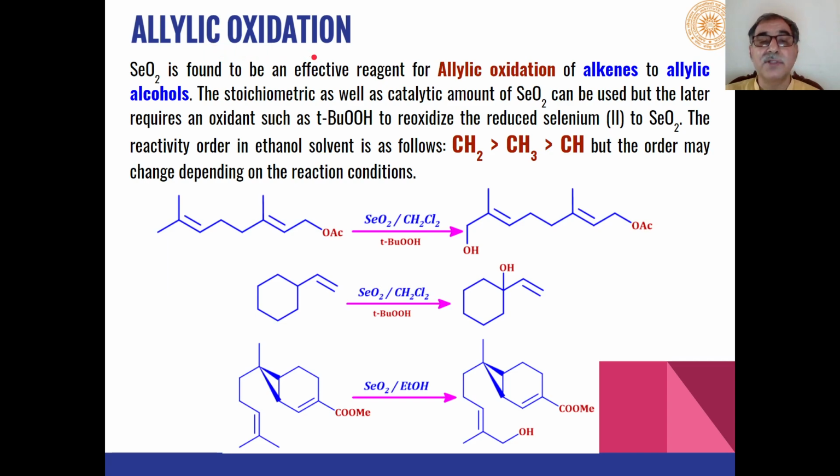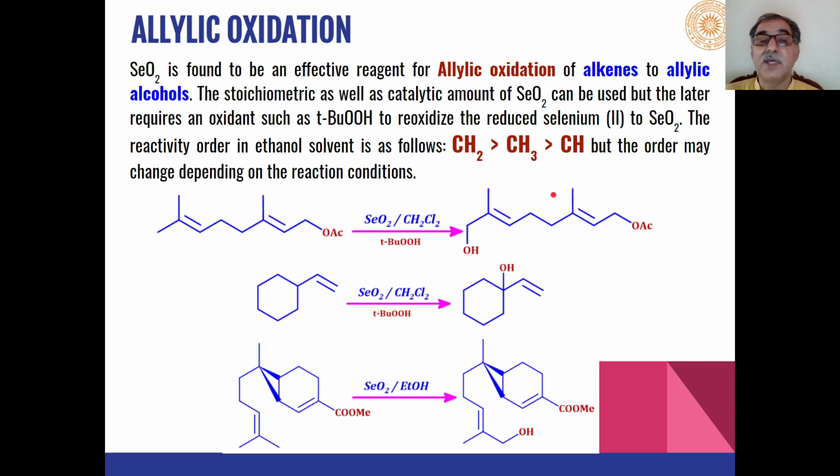First is allylic oxidation. The allylic oxidation of alkenes takes place to give us allylic alcohols as the product when we use selenium dioxide as oxidant, and in addition to selenium dioxide we require another oxidant like tertiary butyl hydroperoxide, which reoxidizes the reduced selenium(II) which is formed from selenium dioxide, and this can be used again and again.